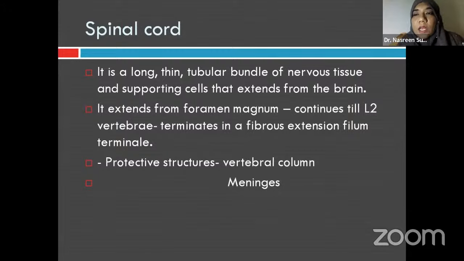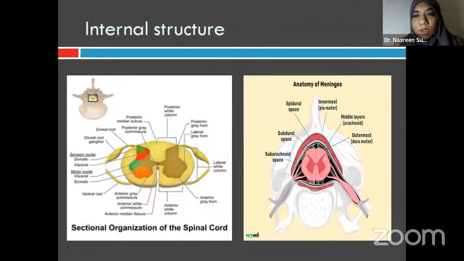Next. Now, sometimes he has asked about the structure of the spinal cord. When he is asking about the structure of the spinal cord, you just see for how many marks he is asking. If it is for 2 marks, then you just mention this left side diagram, sectional organization of the spinal cord.